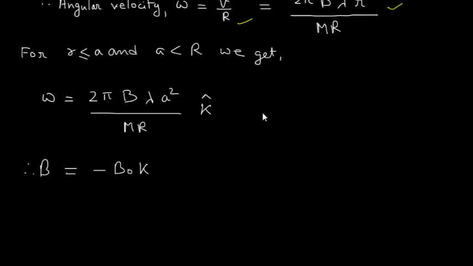For r smaller than or equal to a, and a smaller than capital R, we get omega is equal to 2 pi B lambda a square by m r, and we can write this value as B naught. Therefore B naught is equal to minus B, B is equal to minus B naught k.